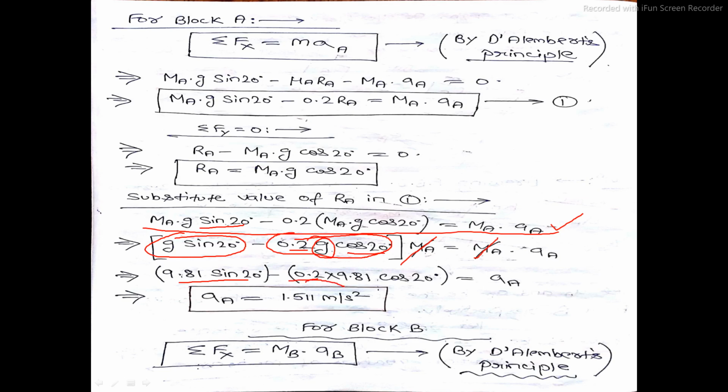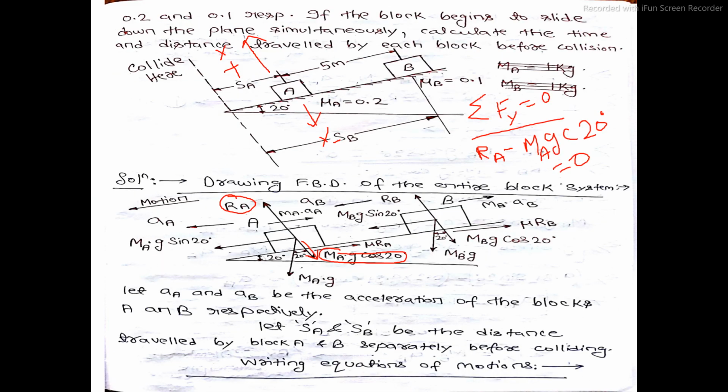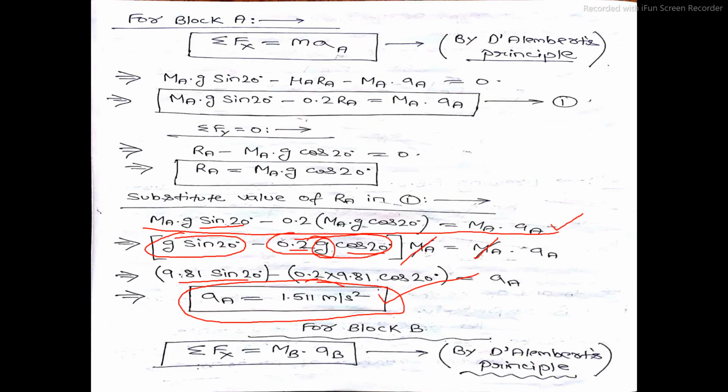So block A is moving down the inclined plane with 1.511 meter per second square. So far we have found out that block A is moving down the inclined plane with acceleration equal to 1.511 meter per second square.